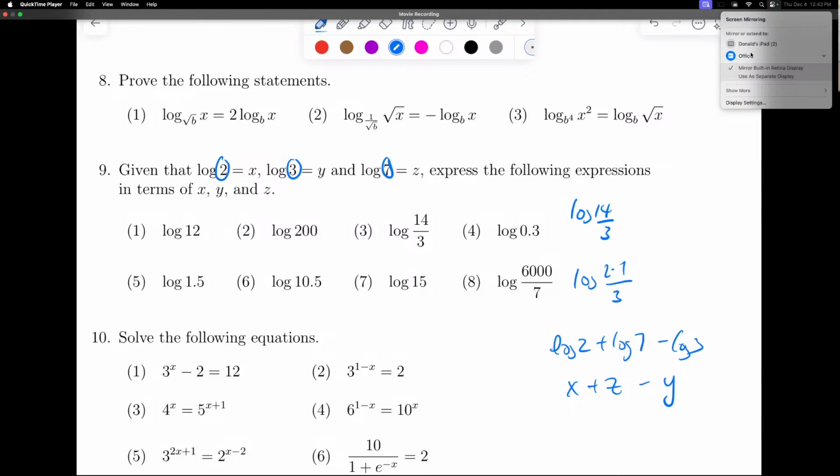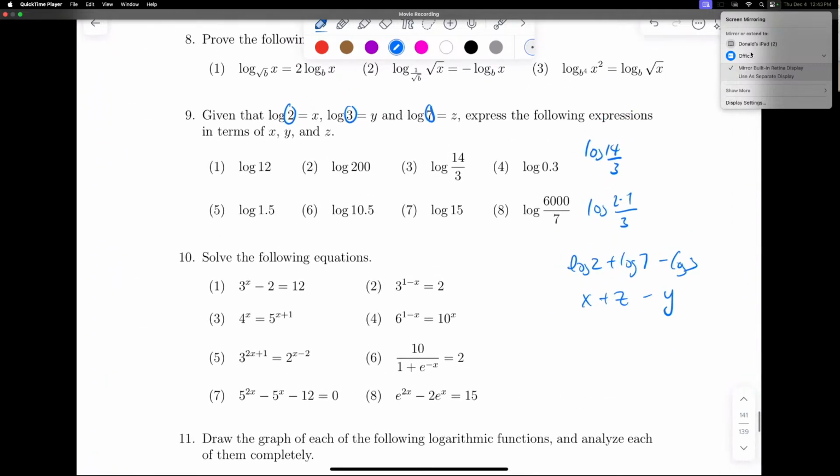And I know you asked me 2 questions, so that's the first one. Oh, that one? That one's interesting because it's log of 6,000 over 7. We know log of 7 is z. But we also know 6, too. 6 is 2 times 3. Right?